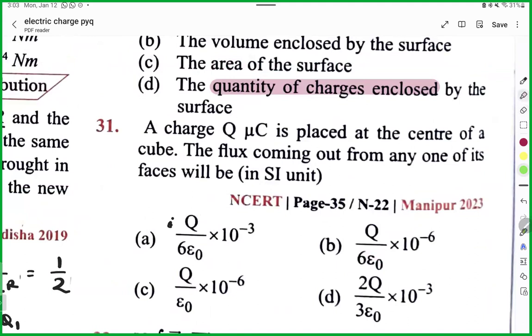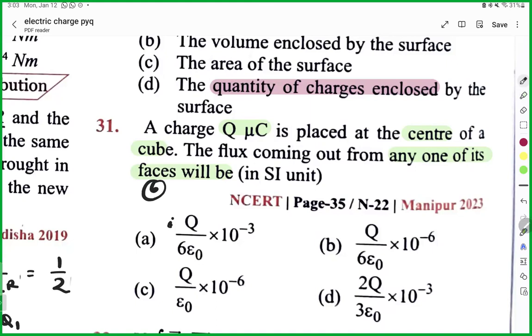Question 31. Who will tell? Chandana. A Q charge is placed at the center of the cube. What is the flux coming out through any of its faces? Face means side. How many faces do we have, Chandana? 6 faces total in a cube: walls, roof and floor.